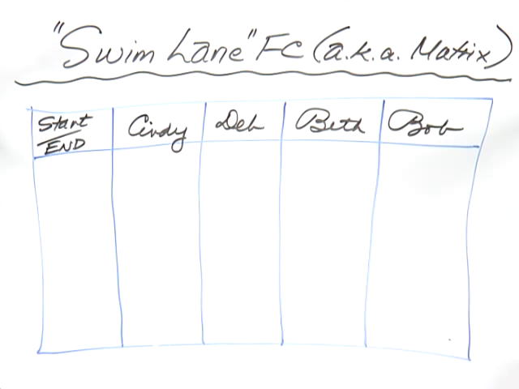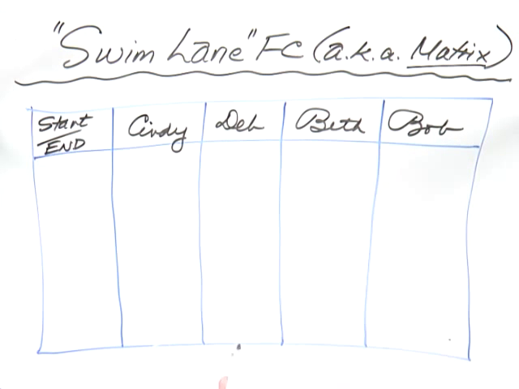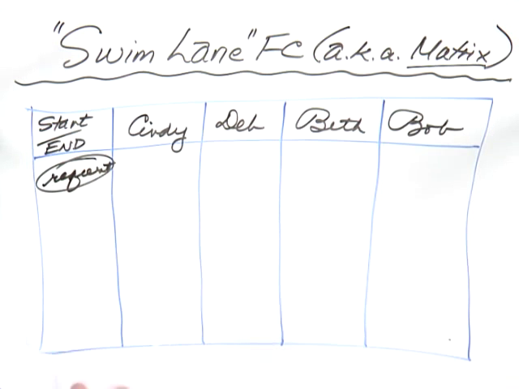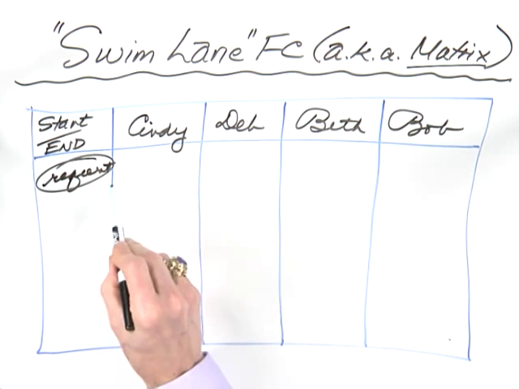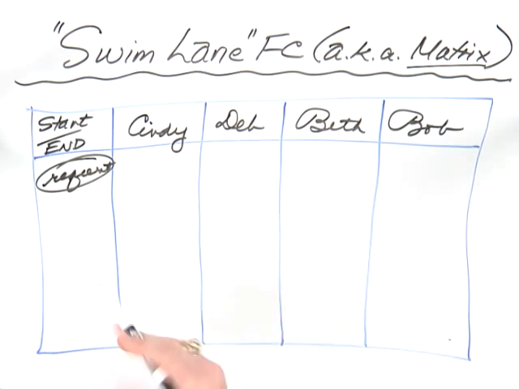The next type of flowchart we're going to address is what's called the Swimlane flowchart. This is also known as a matrix. We start over on the left with the activity. That is, we get a request, for example, to teach a class or a program. Then what we do is we lay out the activities by category of individual or function.